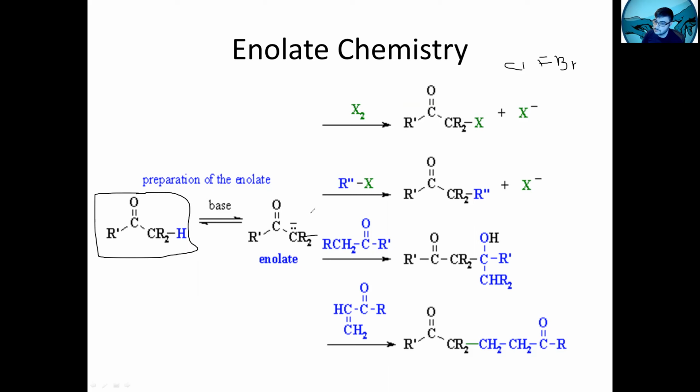From the enolate, you could just put it in, and you would add it to the end. You can add another R group, for example, to the end. In this case, you can add another ketone, but only on the carbonyl carbon.